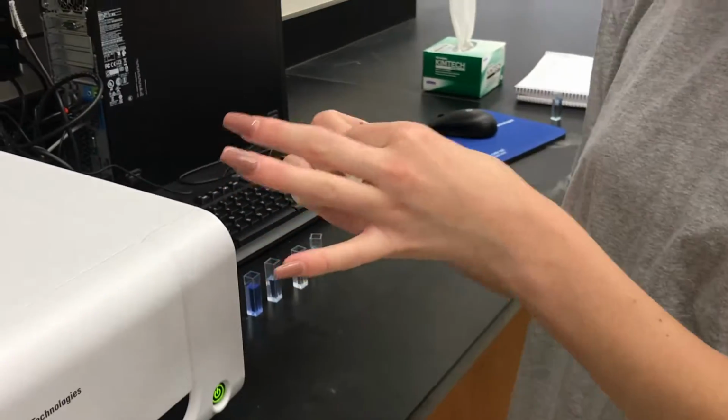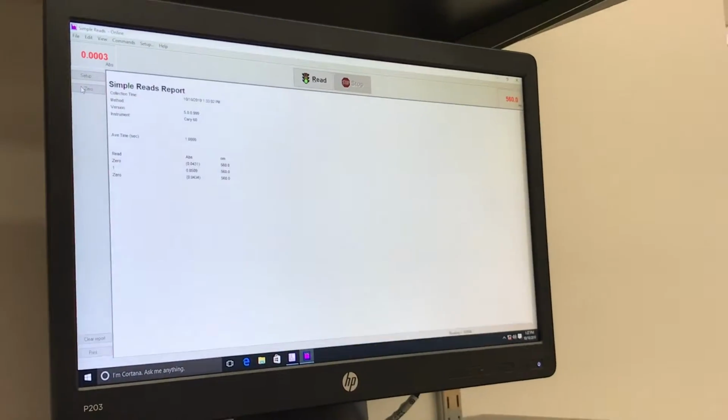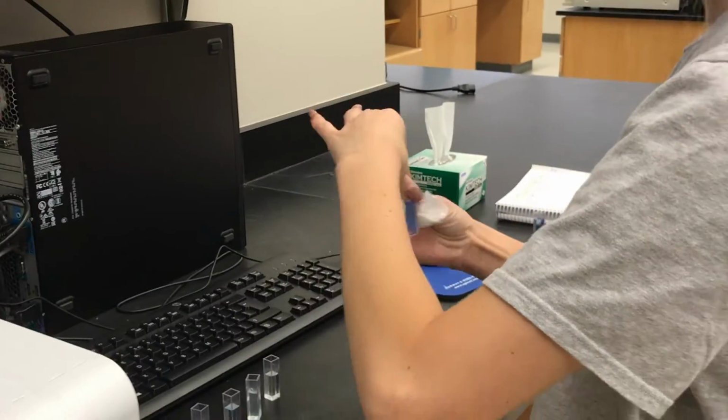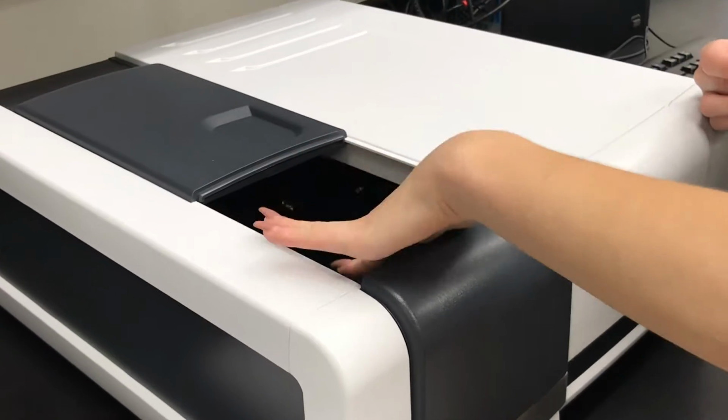Again, we will zero the spectrophotometer using our blank of ammonia. However, this time we will use our dilution 1 and record its absorbance value.